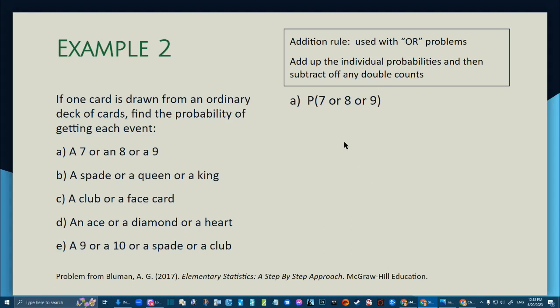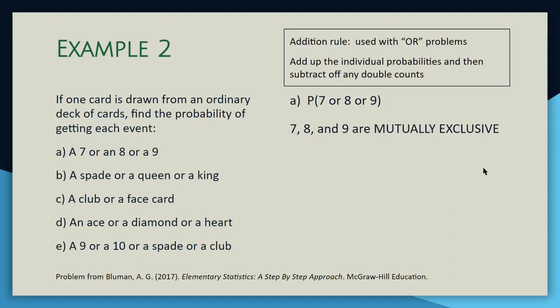For A, a card in a standard deck of playing cards can't be a 7 and an 8. It's either a 7 or an 8. A card can't be an 8 and a 9. It's either an 8 or a 9. So that means that 7, 8, and 9 are mutually exclusive. So to find this probability, I just need to add the individual pieces.